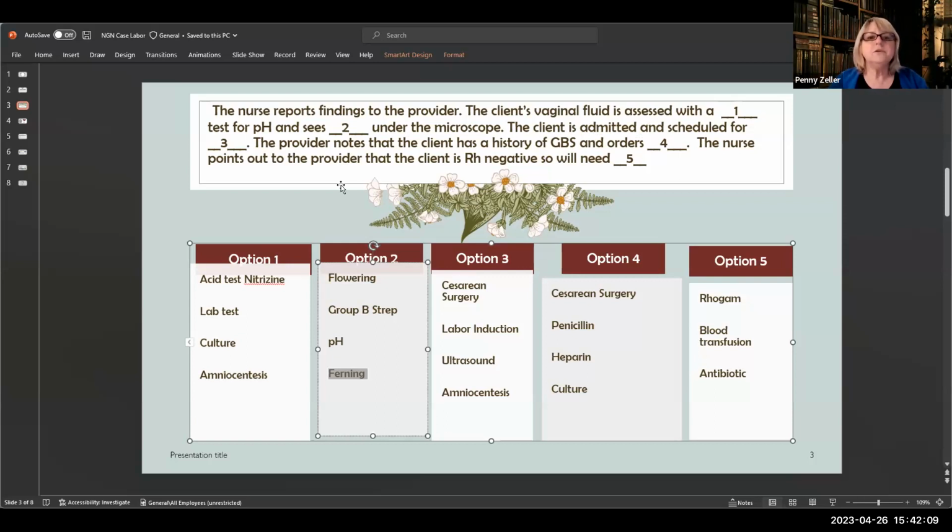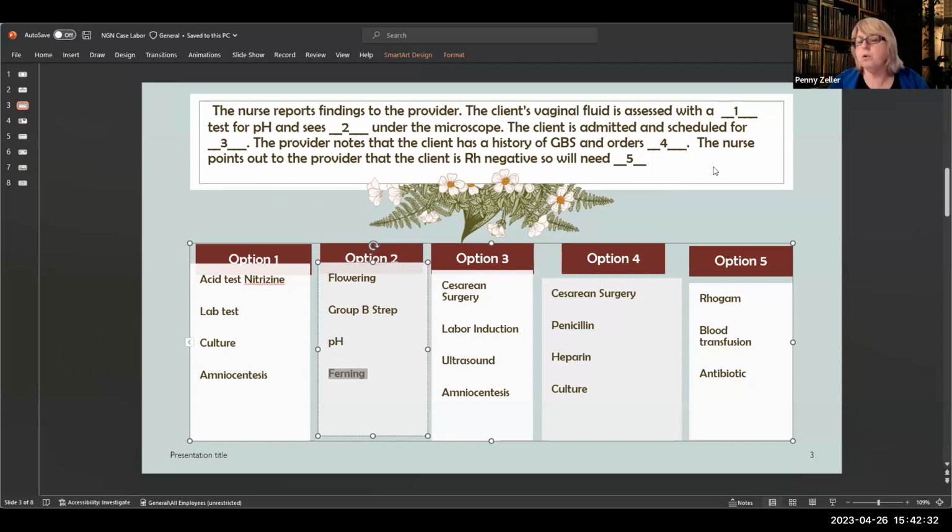Okay. So the provider notes that the client has a history of group beta strep and orders penicillin. We need to verify that our client is not allergic to it. The nurse points out to the provider that the client is also Rh negative, so she will need some Rhogam.